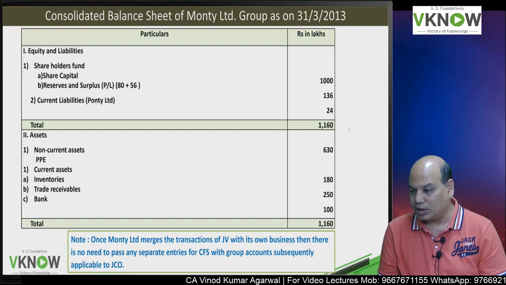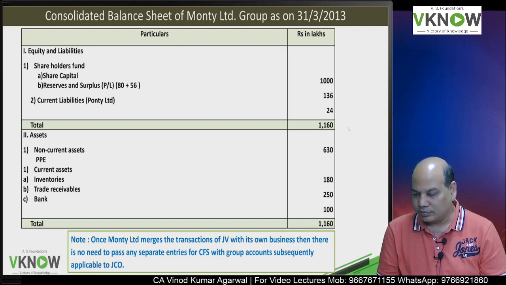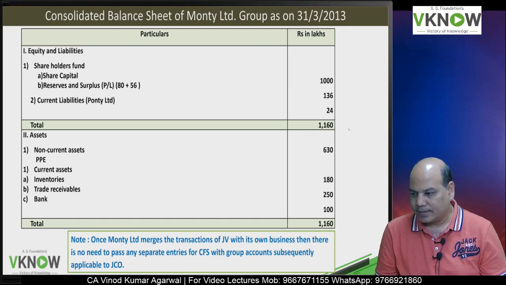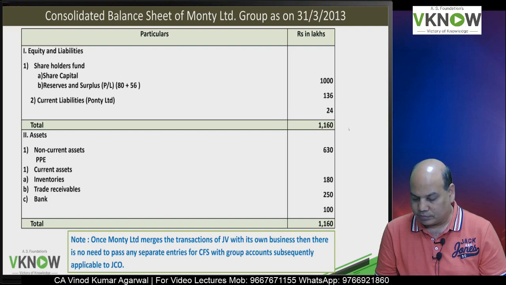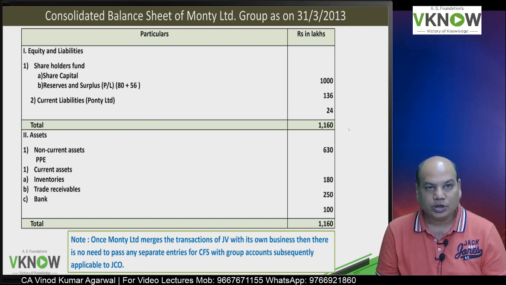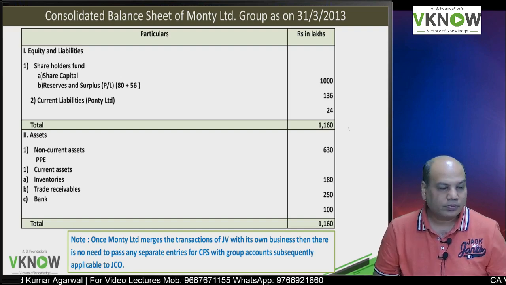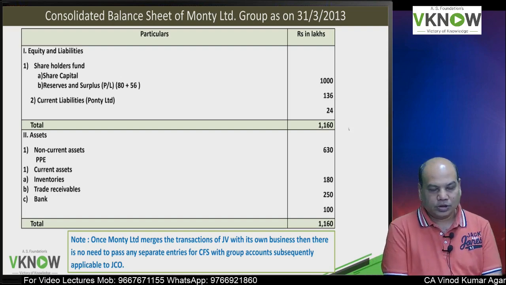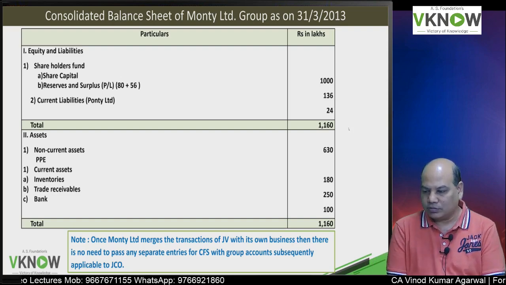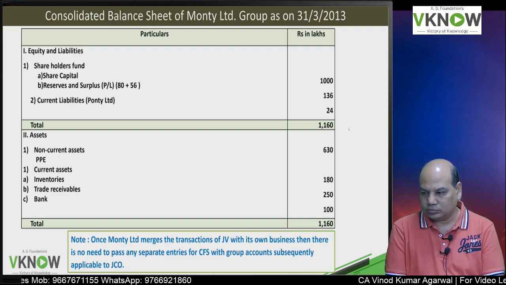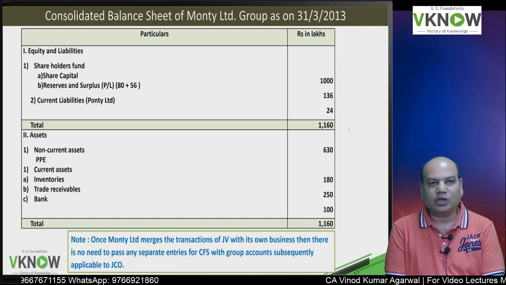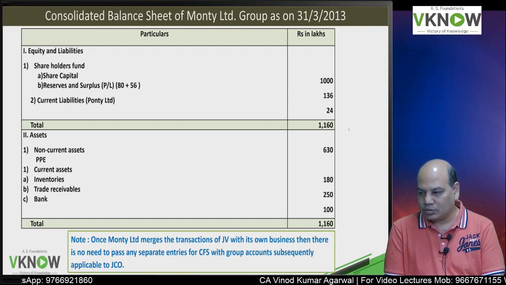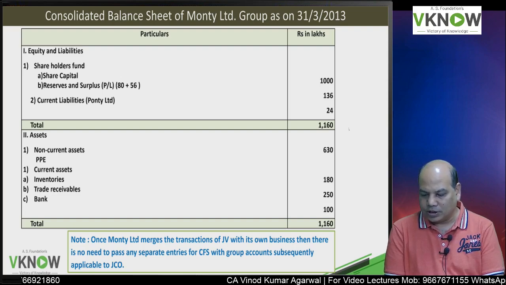Note, write down once Monty Limited merges the transaction of joint venture with its own business, then there is no need to pass any separate entries for CFS with group accounts subsequently applicable to JCO.